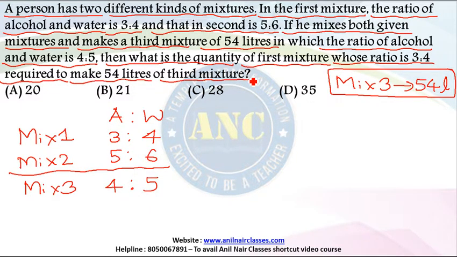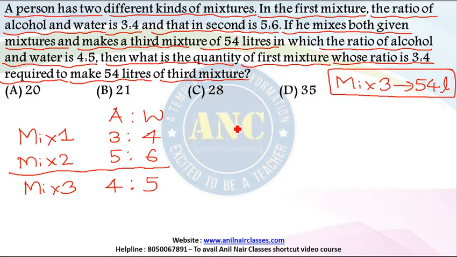What they are saying is, in mixture 3 totally 54 liters of solution is present. This solution of 54 liters is a combination of mixture 1 and mixture 2. How much of mixture 1 is present out of these 54 liters of mixture 3 is your question.